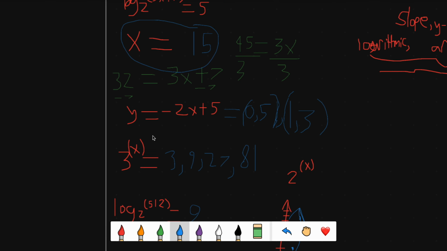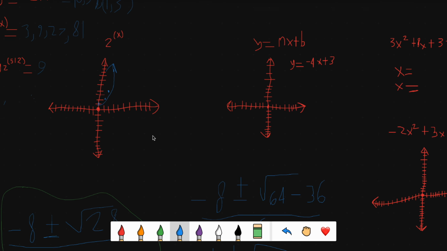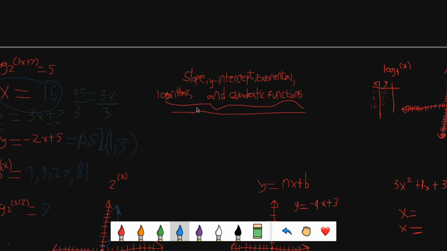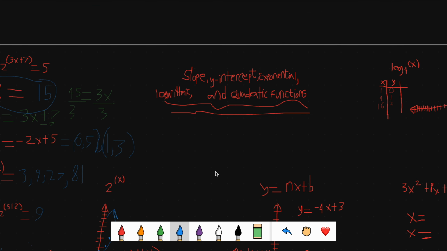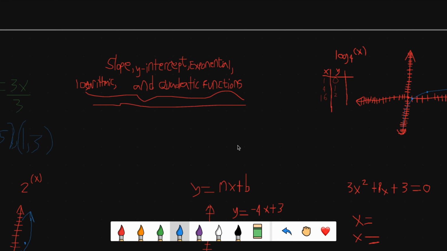However, we solved today's problems, and we actually got into slope, y-intercept, exponential, logarithmic, and quadratic functions. In the next video, I'm going to talk about something else, more like Schrodinger's equation.